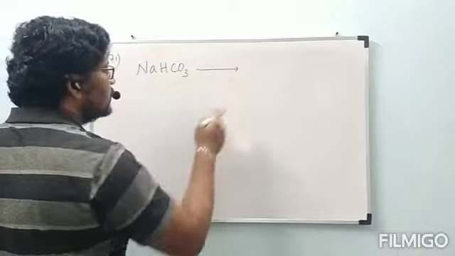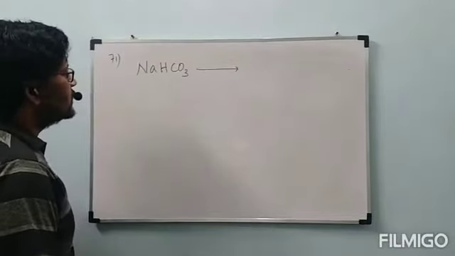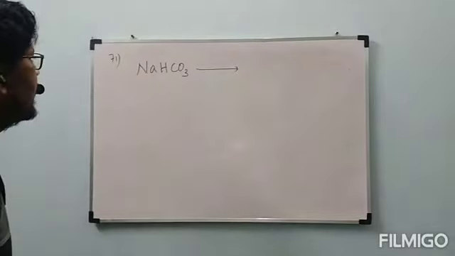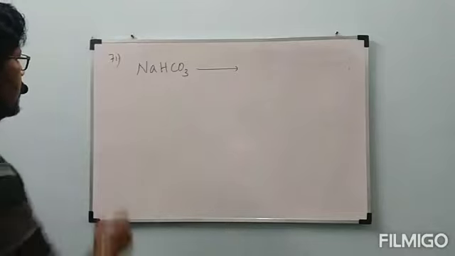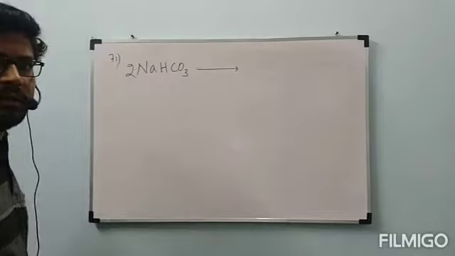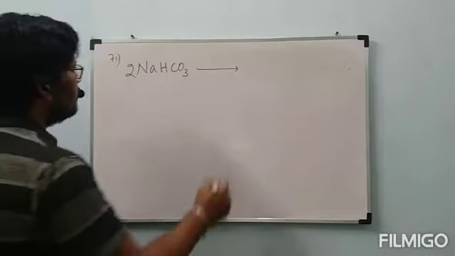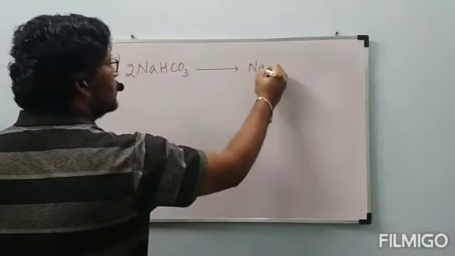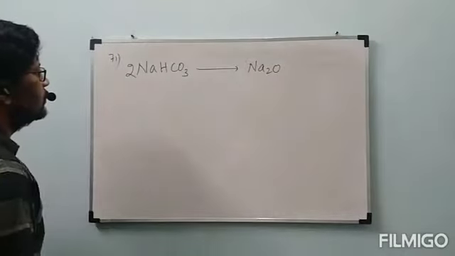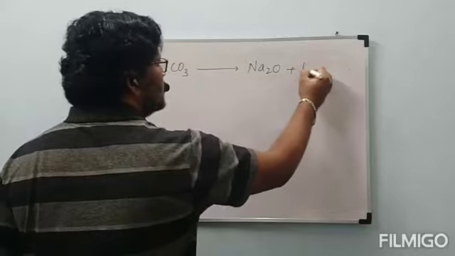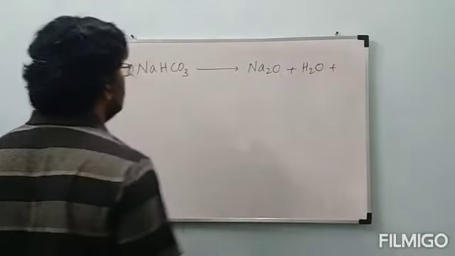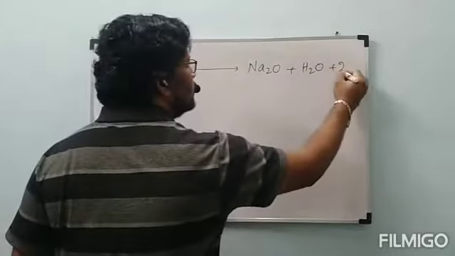When it undergoes strong heating, what is the thing we will get? NaHCO3 will be formed as Na2O plus H2O plus 2CO2.